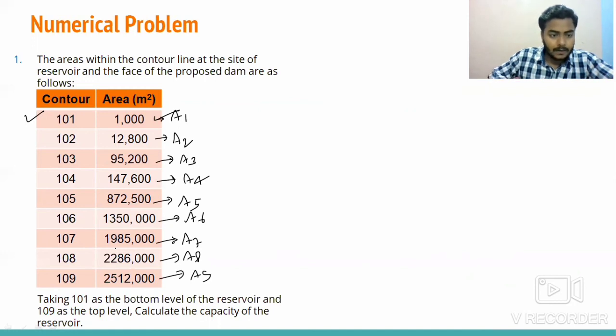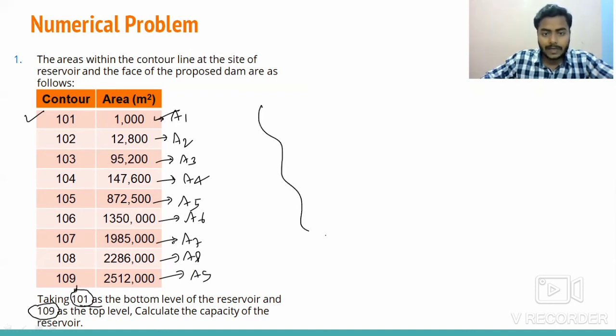Taking the interval as 1 meter, the bottom will be the lowest reduced level and this will be the top level.